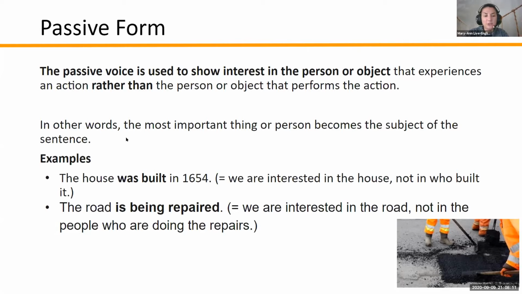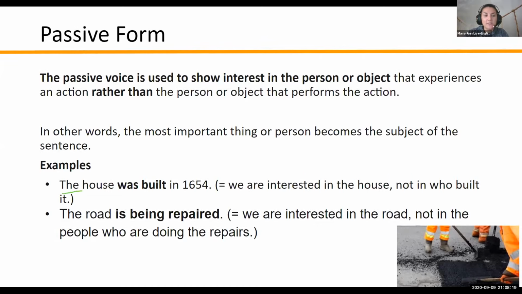So if we have a look at these examples, okay, so we have one here. The house was built in 1654, okay? So what is the object or the person that is receiving the action? Can anybody tell me?